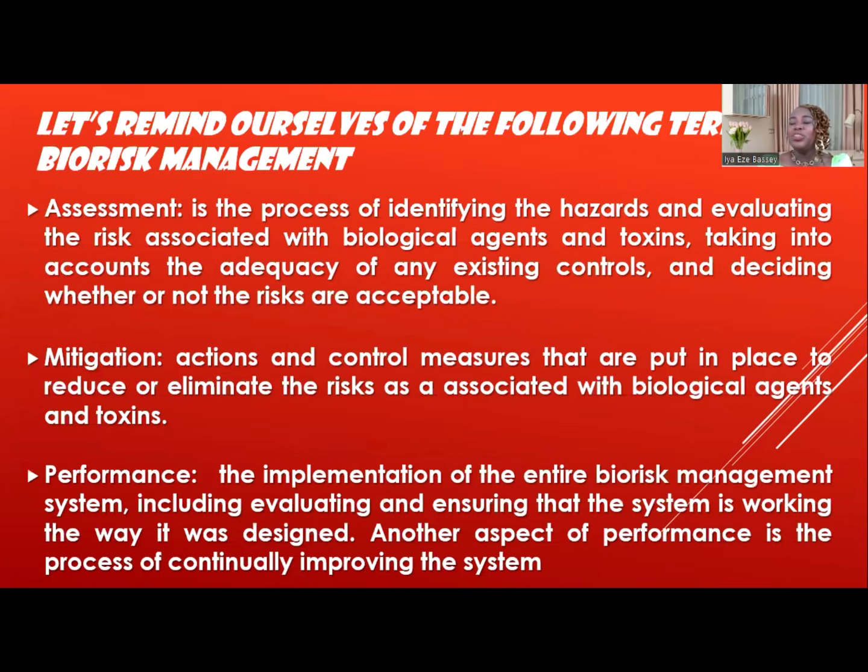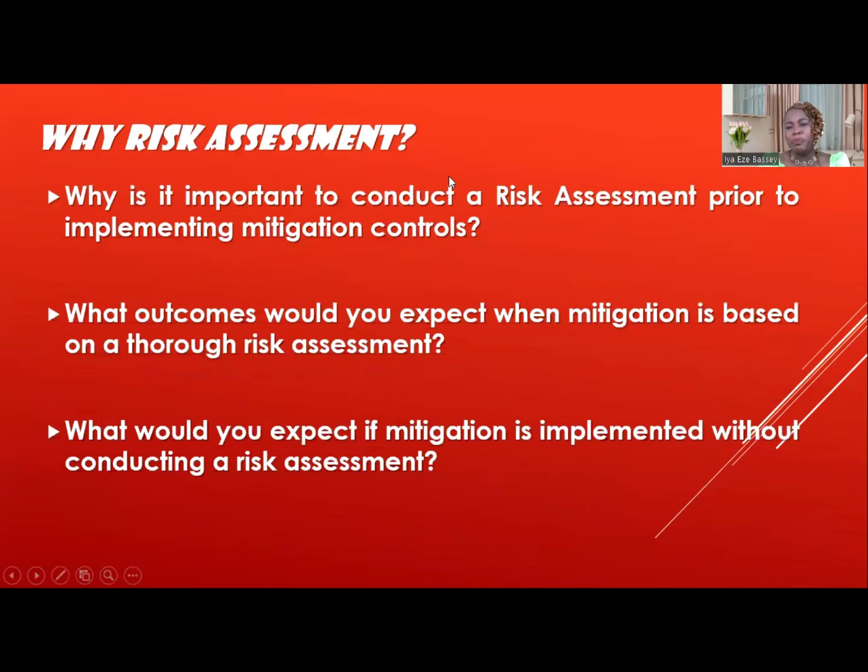Then mitigation has to do with your actions, your control measures that you put in place to reduce or eliminate the risk associated with biological agents and toxins. While performance has to do with the implementation of the entire biorisk management system, you evaluate and you ensure that the system is working the way it was designed. And also you keep looking for how to continually improve the system.